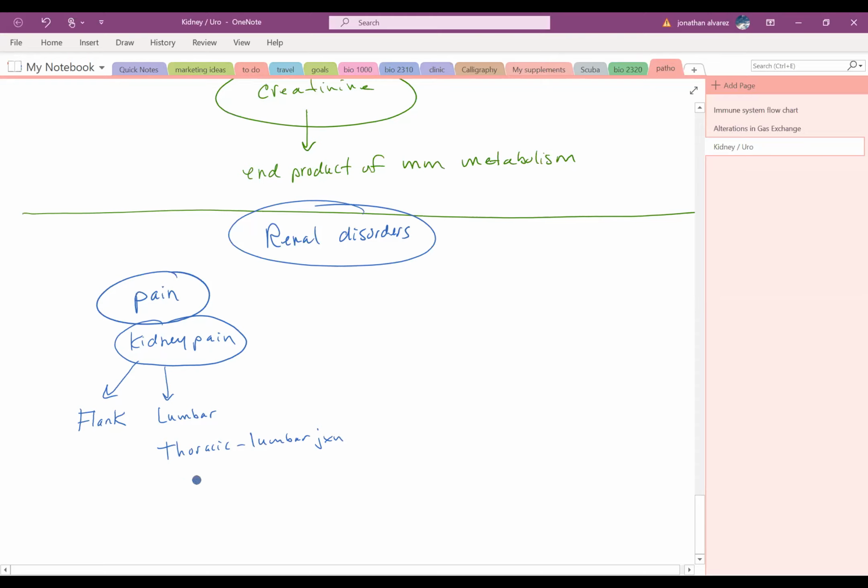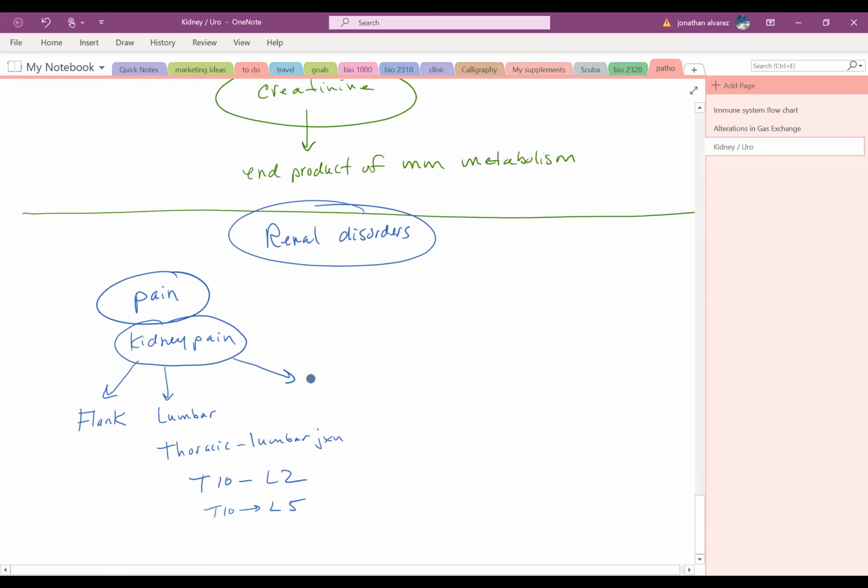They'll probably point to the T10 to L2 area. So thoracic number 10 down to L2. They may even go as low as T10 to L5. So, the thoracic lumbar area.